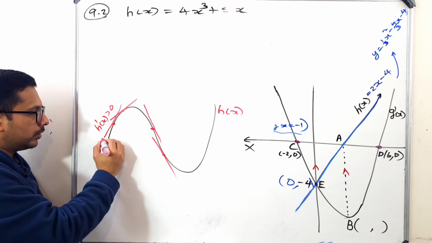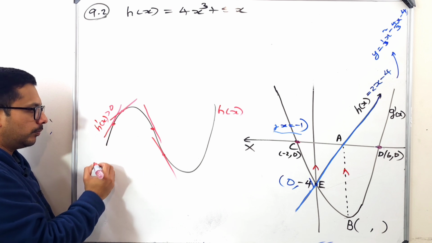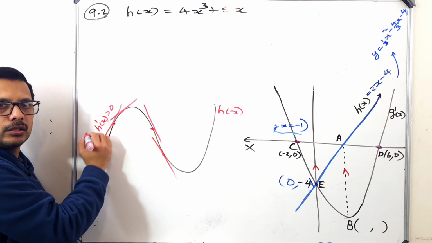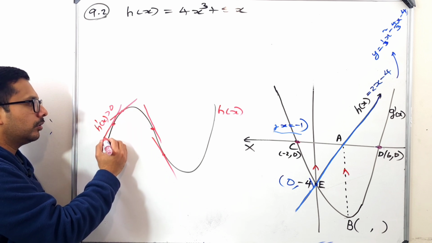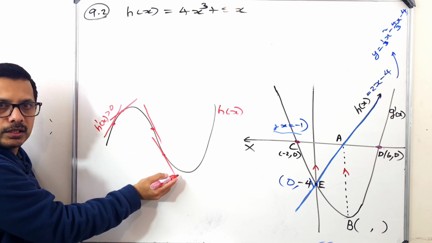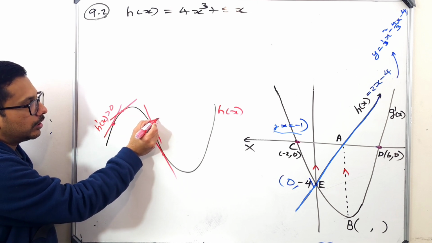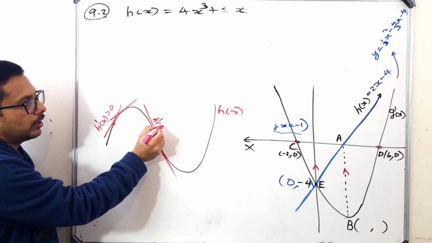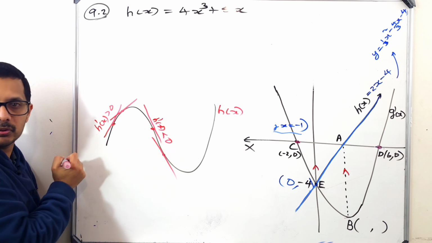For these tangents, because the graph is increasing, the first derivative is greater than 0. And here the graph is decreasing, so what about the first derivative? h dash of x is less than 0, am I right, guys?